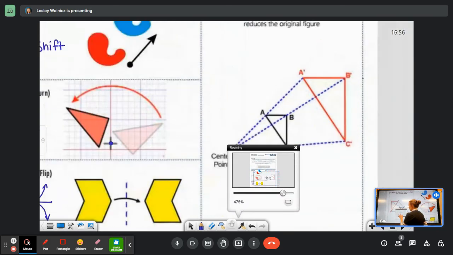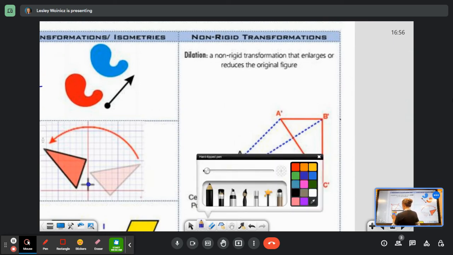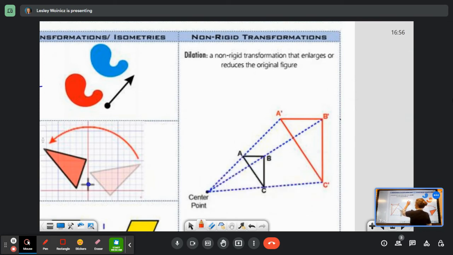All right, last but not least, we have dilations. These are the non-rigid transformations. So these don't produce congruent figures, but these figures are what we will learn are called similar.